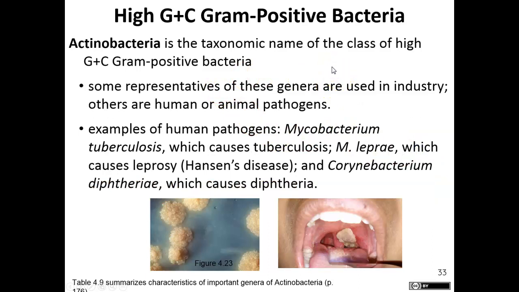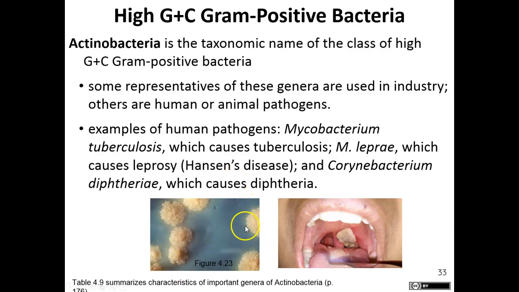So some of these organisms are used in industry, while others are considered pathogens. So two of the major pathogens that we discuss are Mycobacterium that cause tuberculosis and leprosy. In our lab, we have Mycobacterium smegmatis that does not cause these diseases.